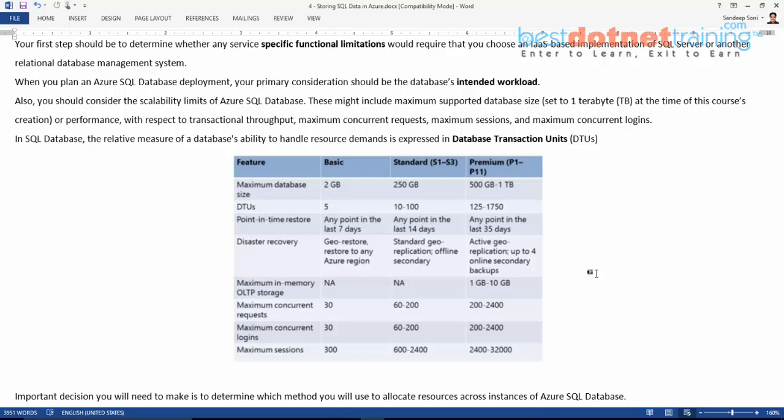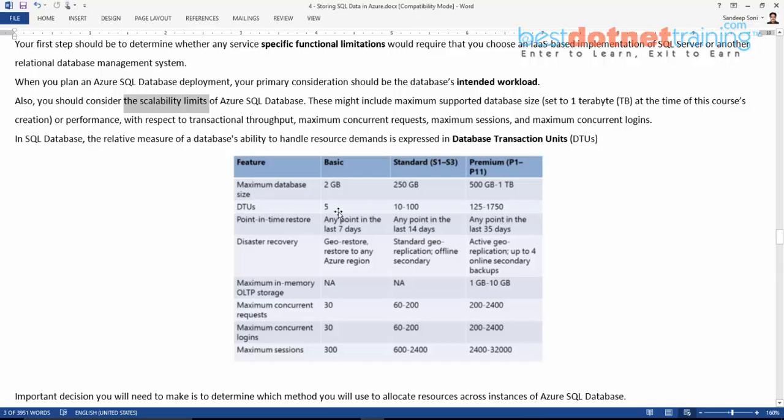So gradually upgrading the pricing tier is anytime recommended, rather than choosing a high pricing tier in the beginning itself, because we may not need that much amount of resources. So it is very important that we figure out what is the intended workload on our application, on the database, or through our application on the database, and accordingly what are the scaling limits.